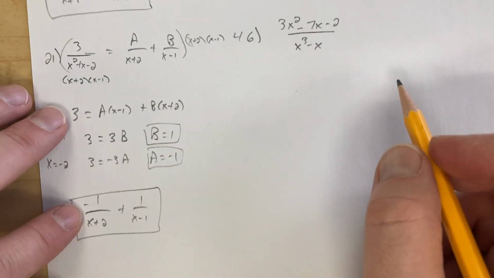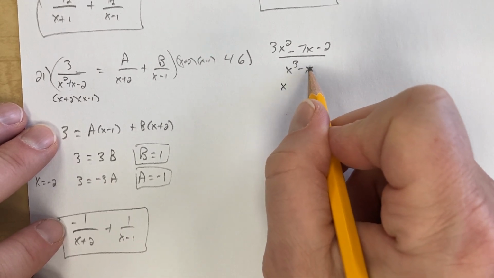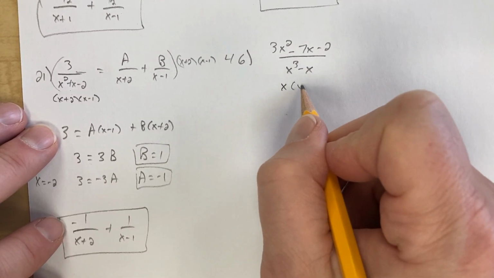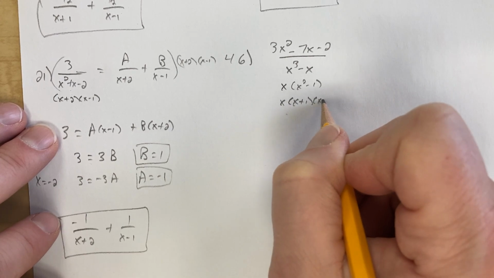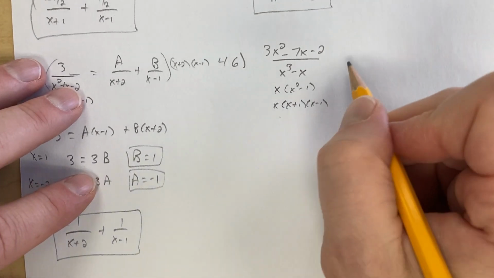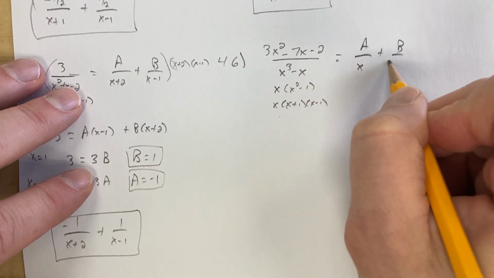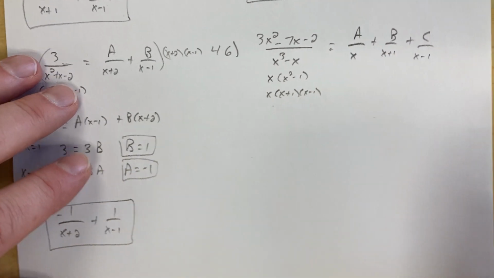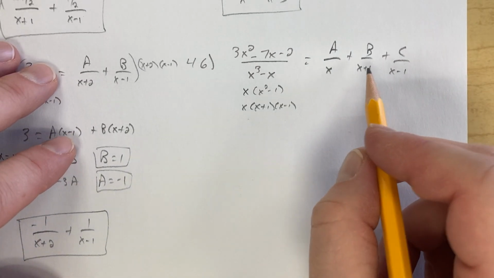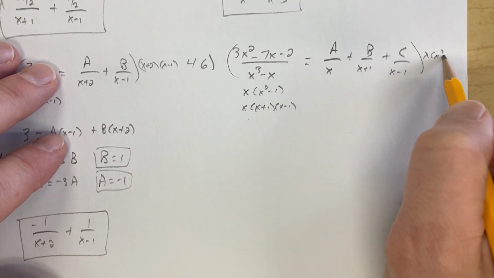All right, and then we get 46 here. If I pull an x out, you're going to have x squared minus 1 left over, which can factor into x plus 1, x minus 1. All right, so that means we're going to have a fraction for the x, we're going to have a fraction for the x plus 1, we're going to have a fraction for the x minus 1. All right, so we're going to multiply everything by the x squared minus 1.